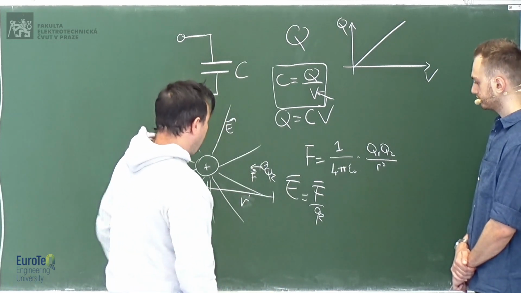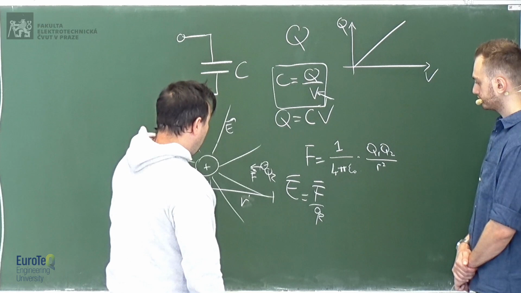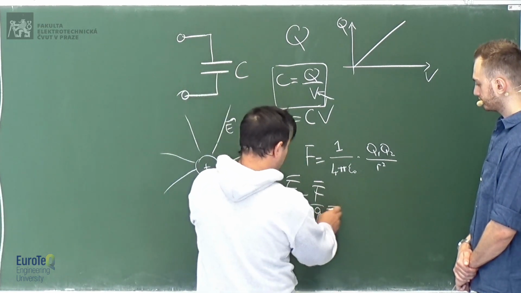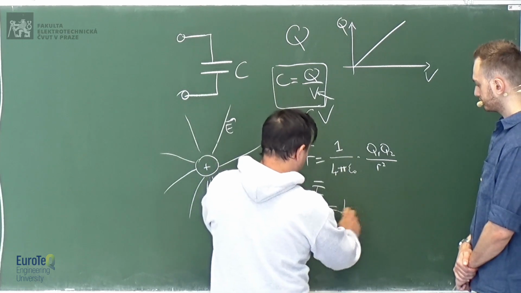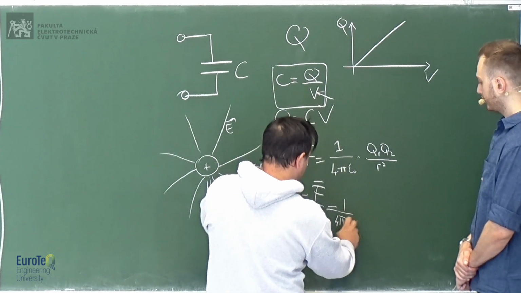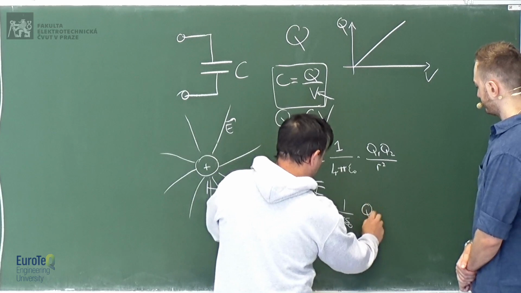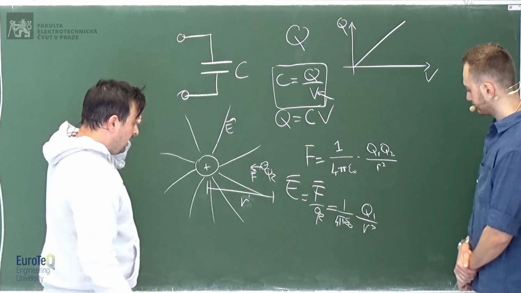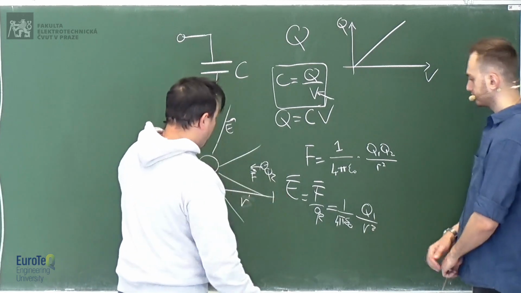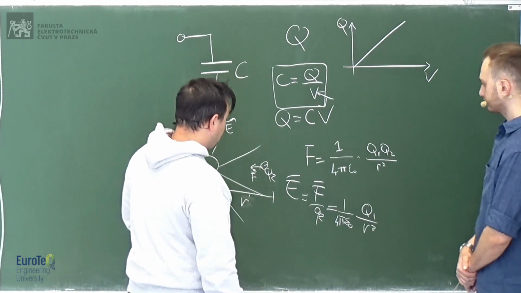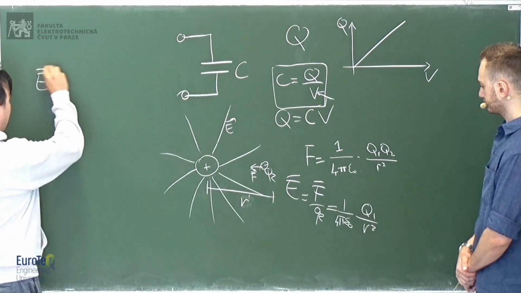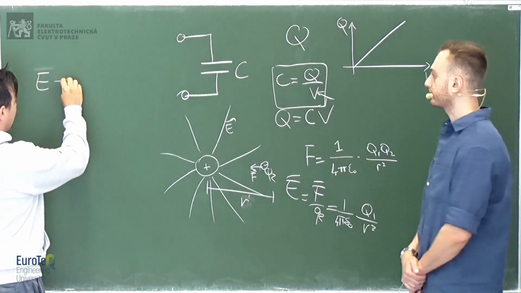So this is going to be 1 over 4 pi epsilon 0, multiplied by 1 over Q2. Yes, Q2 cancels out, and the electric field is proportional to the charge. So we can write it here: the electric field, or at least the amplitude of the electric field.